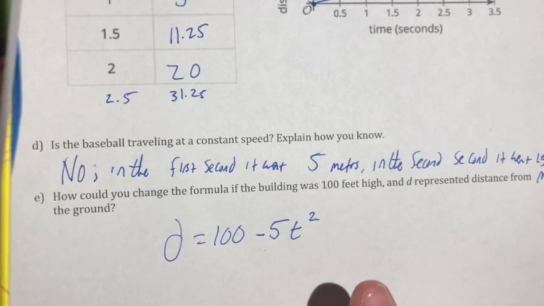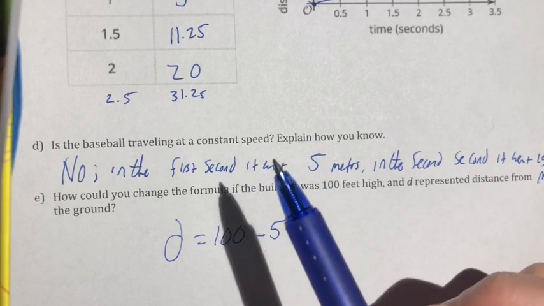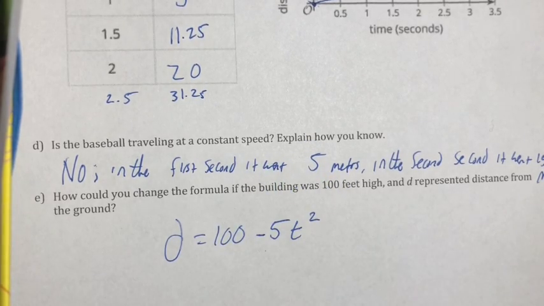So remember, quadratics often refer to fallen objects. And when you are thinking about what makes an equation quadratic, it has to have a square in it.